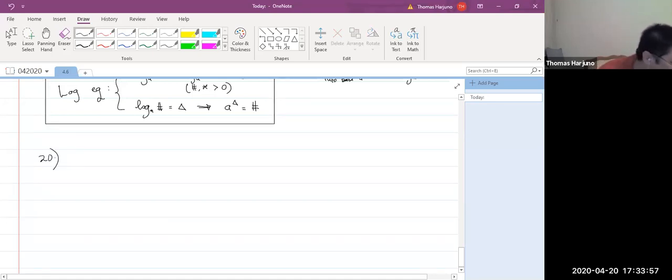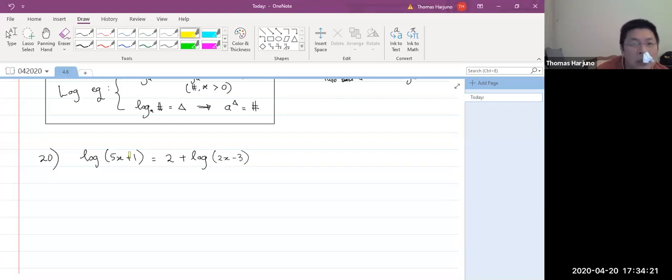Let's say, for example, we do number 20, log of 5x plus 1. What is the base here? If you don't see any base on the log, that must be base 10. Now notice that we have log in this term, we have log in this term, but we have a constant here.